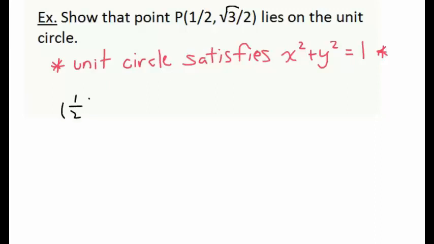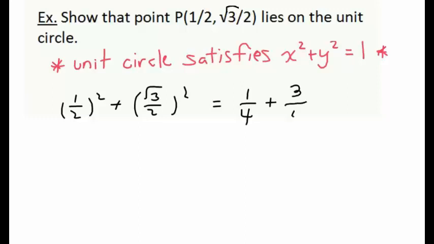So we take 1/2 squared and root 3 over 2 squared. 1/2 squared is 1 over 4, and root 3 over 2 squared is 3 over 4. When we add these together, we do indeed get 1. So this point must lie on the unit circle.